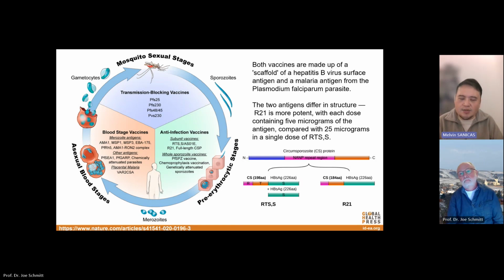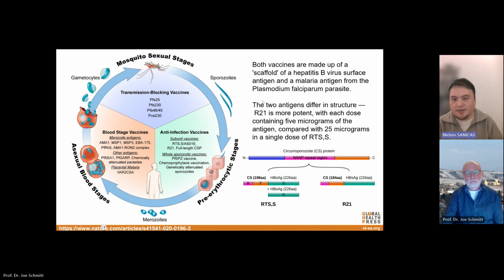So it's really difficult to see which ones should be targeted, right? But now that we have two vaccines, we have the RTS,S, you can see here, and the R21 vaccine, which we just mentioned. Both vaccines are made up of a scaffold of a hepatitis B virus surface antigen and a malaria antigen from the Plasmodium falciparum parasite.